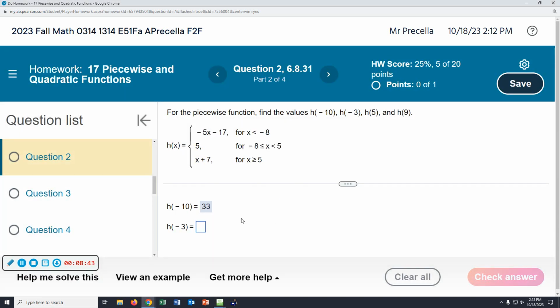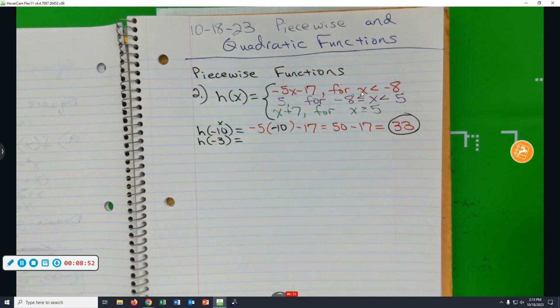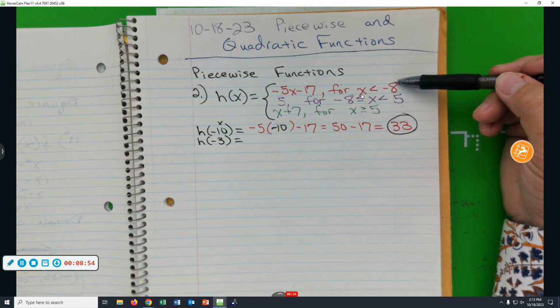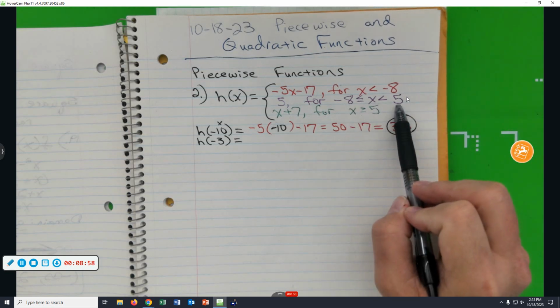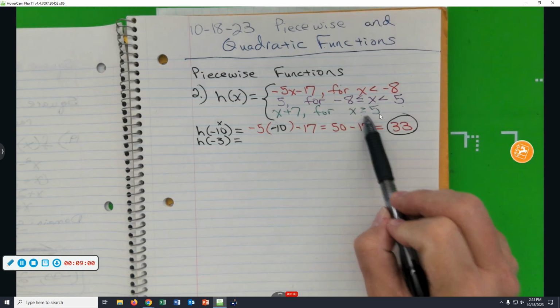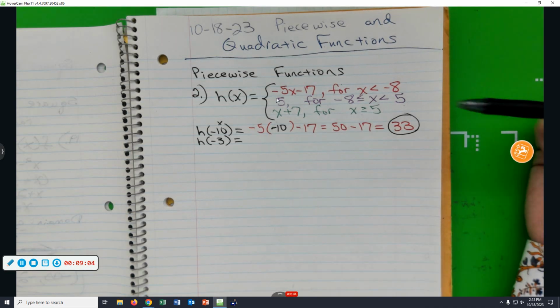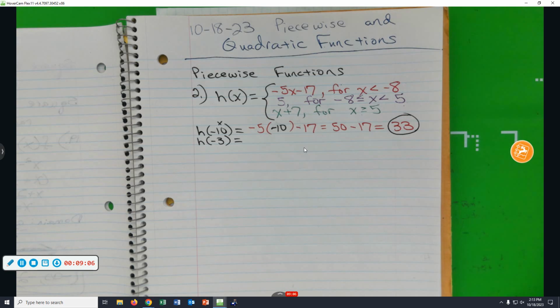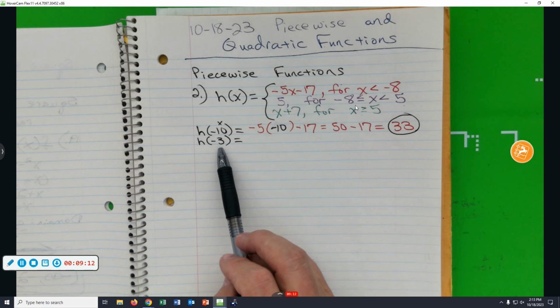Okay. h of negative 3. Is negative 3 less than negative 8? Is it between negative 8 and positive 5? Or is negative 3 bigger than 5? Which rule are we going to use? The red, purple, or green? The x value is negative 3.